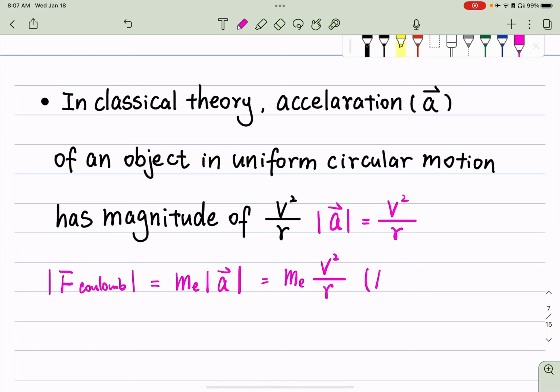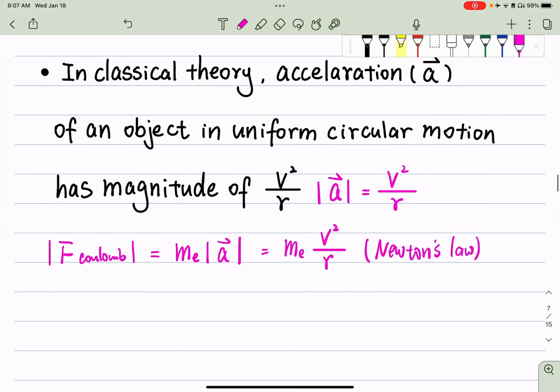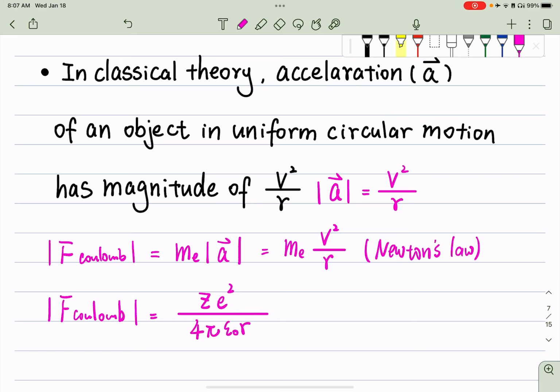So this is Newton's law. And we also talked about the actual Coulomb's equation here. The force equals Z e squared over 4 pi epsilon r squared. Again, we don't have a negative sign here because we're taking the absolute value. So this is Coulomb's law.